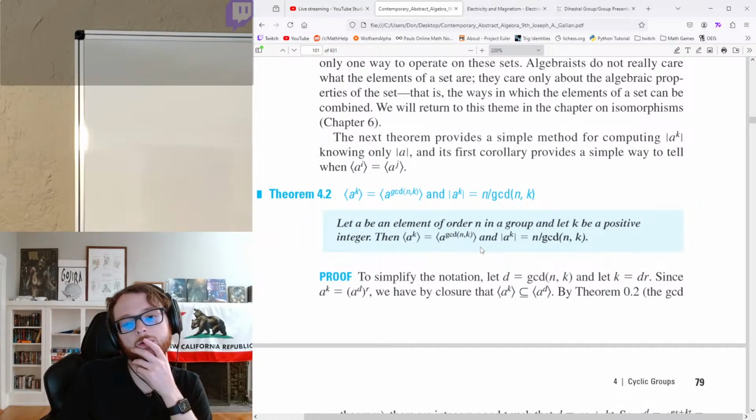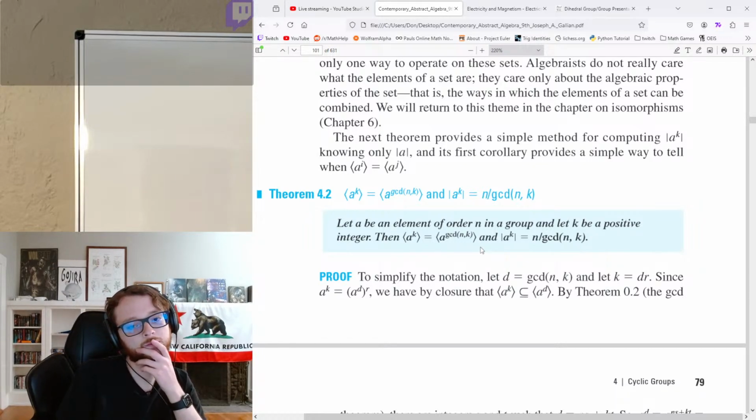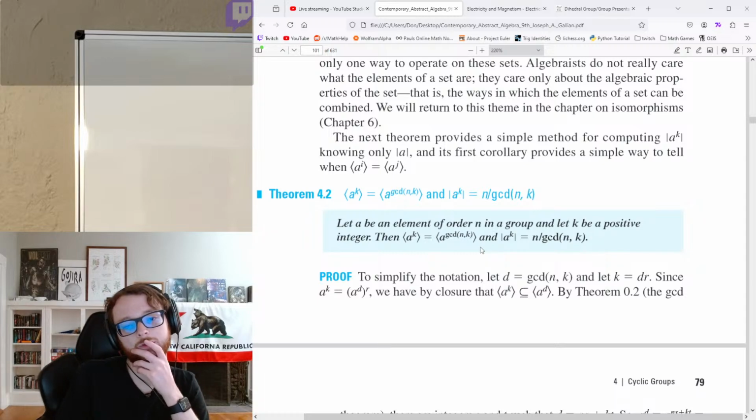Element of order n in a group. Maybe it won't be.